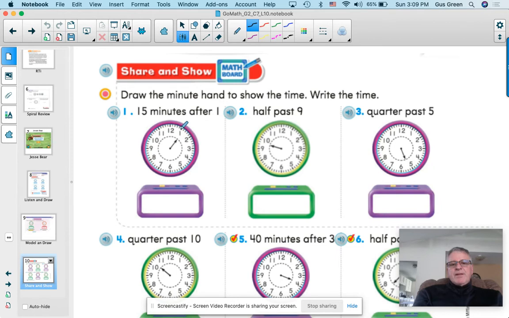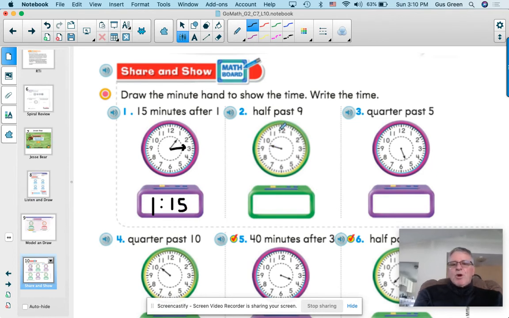So there's 5 minutes, 10 minutes, 15 minutes. So 15 minutes after 1 o'clock, the minute hand will be pointing at 3. And remember, the minute hand is a little bit longer. Now we write 15 minutes after 1 this way we've been practicing the whole time. 1:15.